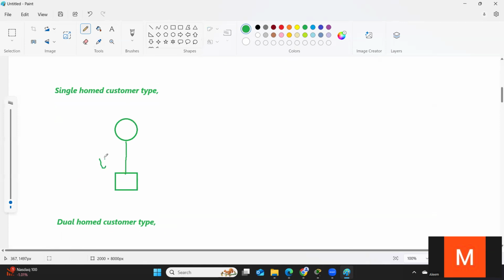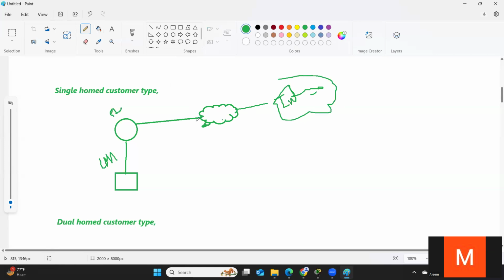This is the LAN network, and this is the edge router, and this edge router is connected to one ISP, one internet service provider provider, and this ISP is connected to the internet, Google or something, wherever. So this is connected like this.